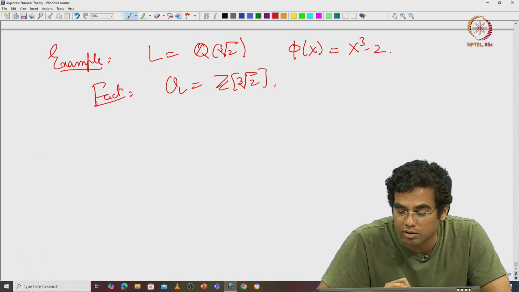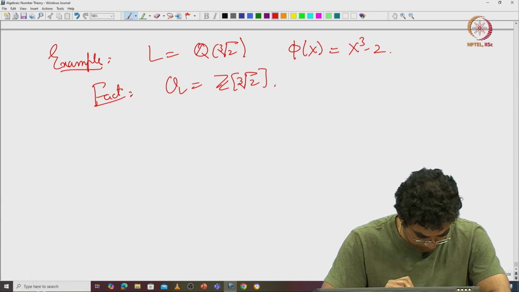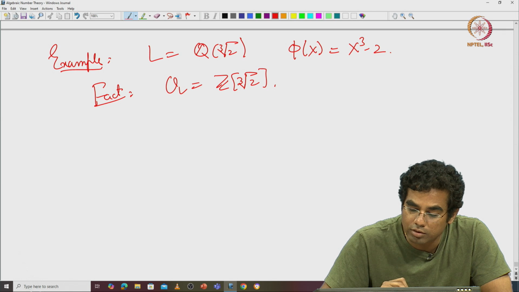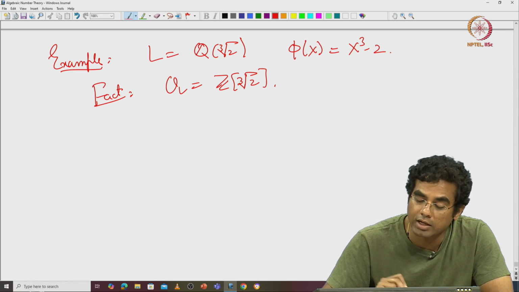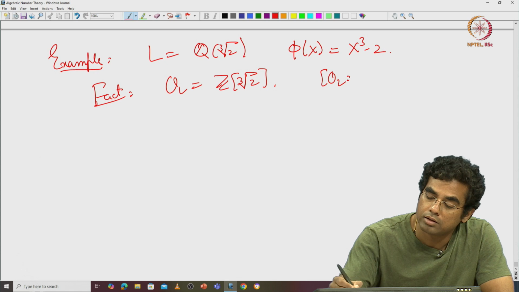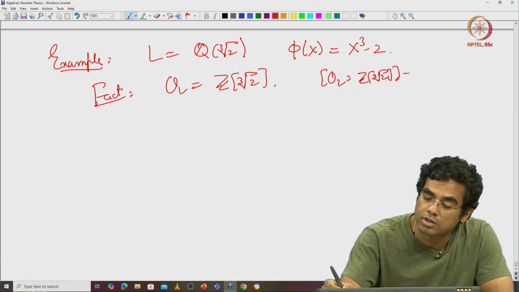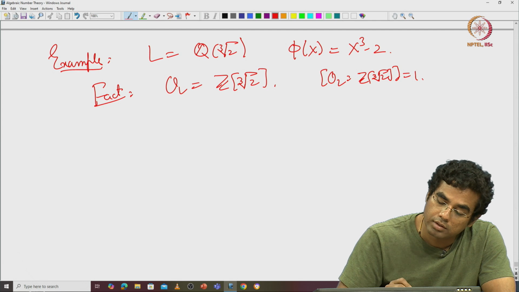This is not entirely easy to prove, and there is a lot of calculation involved, but let's assume this, and so the index of Z[cube root of 2] in O_L is 1.